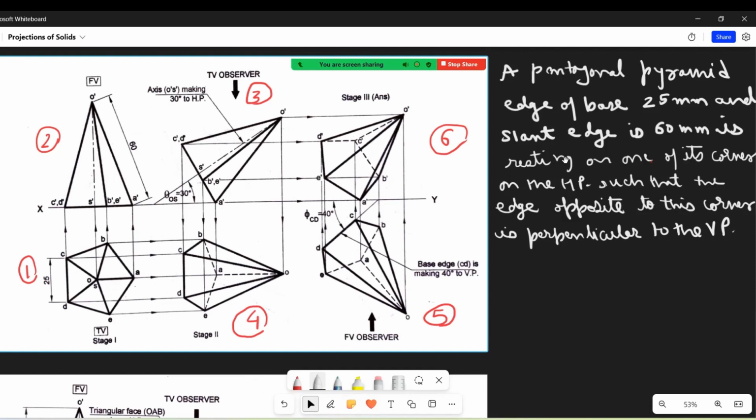So in the initial position and in the second position, this edge DC, the edge which is opposite to the corner on which it is resting, should be perpendicular to the XY line in the top view. Okay. So now by reading this question, view number 1, view number 2 will be drawn, then view number 3 and view number 4 will be drawn.